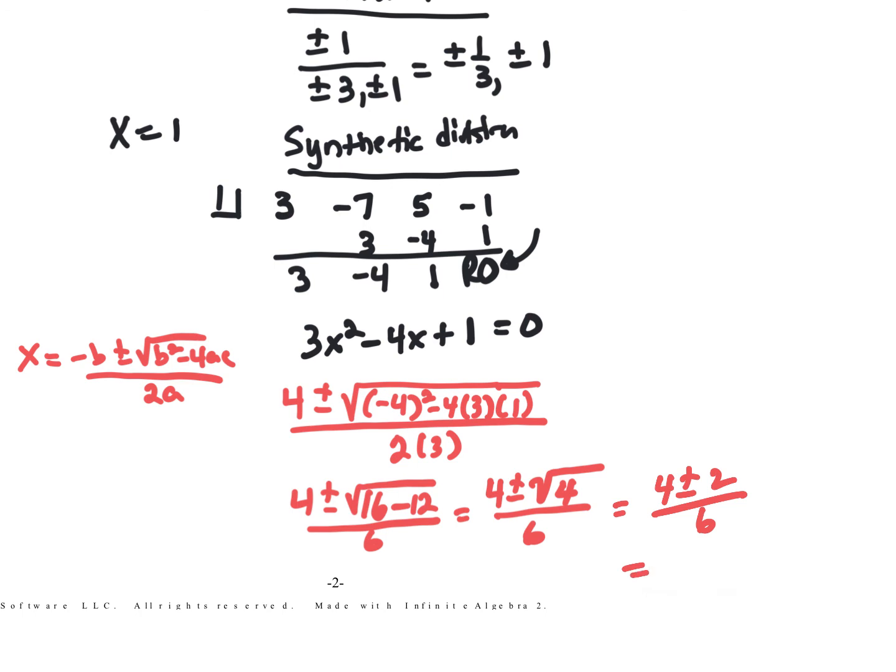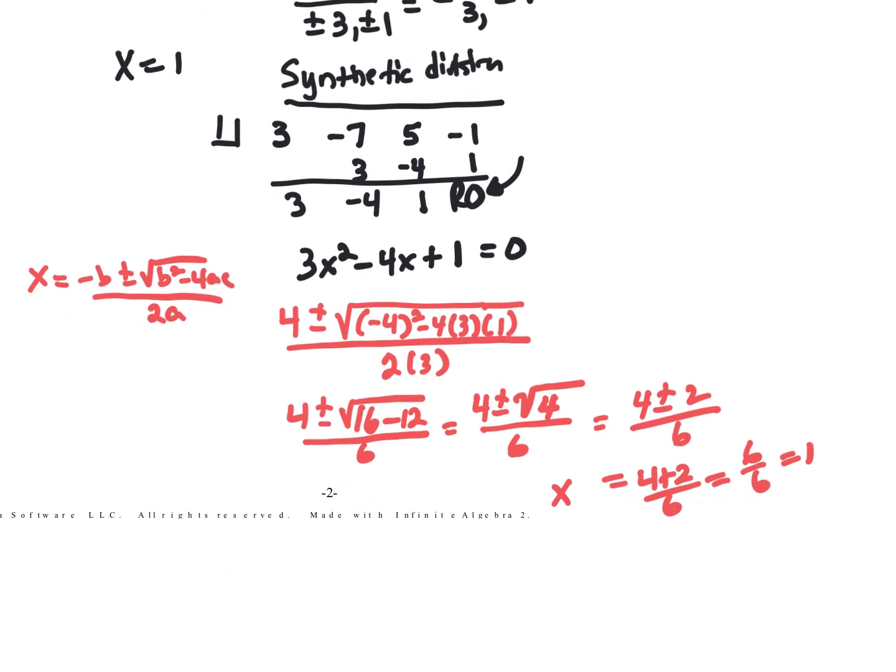4 plus 2 equals 6 over 6, which is equal to 1. So we have x equals 1. And then the other root is 4 minus 2 over 6, which is 2 over 6, giving you 1/3.